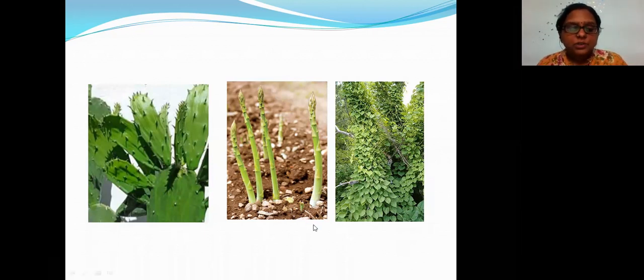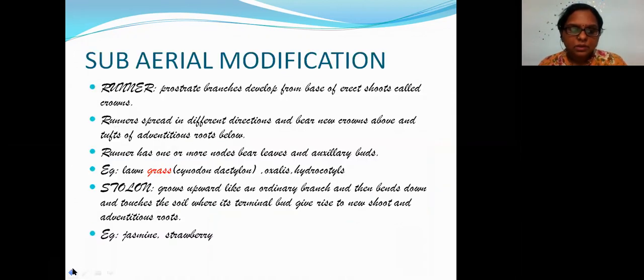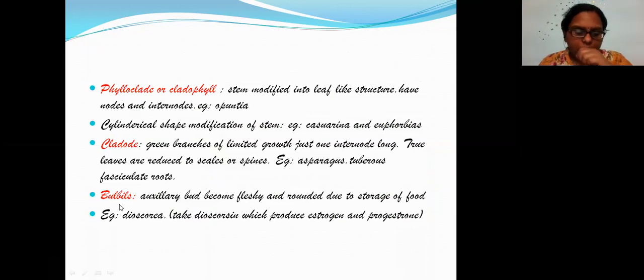So this is actually why it got the name bulbils, right? They are actually axillary buds. They become fleshy and rounded. Bulbils get their name because of the round shape. That round shape is actually edible.